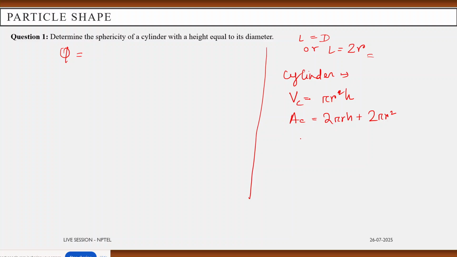Now, according to the definition of sphericity, you equate the two volumes, the volume of the sphere and the volume of the cylinder. You equate these two and get the value of the equivalent diameter or equivalent radius.